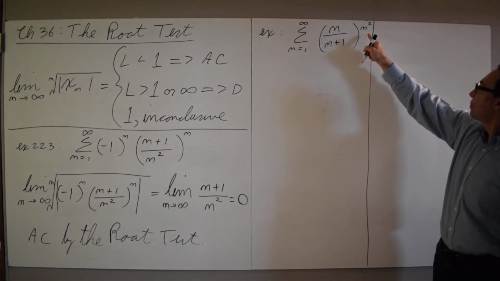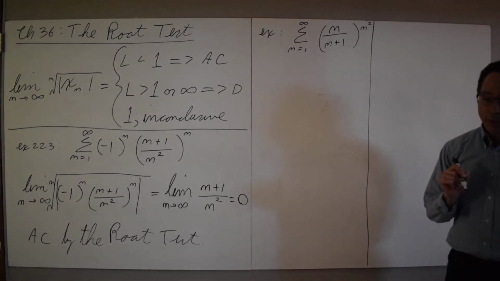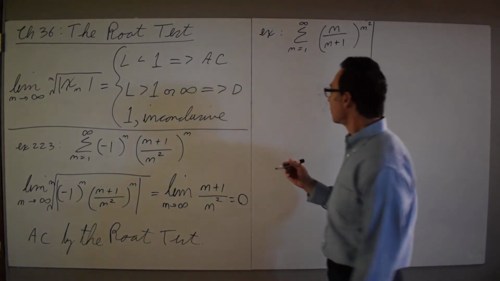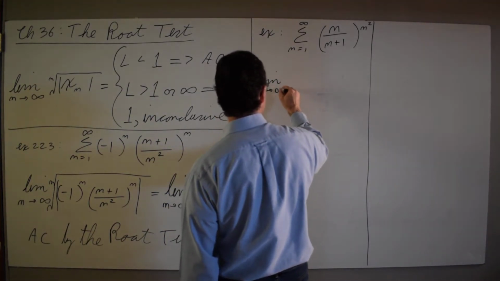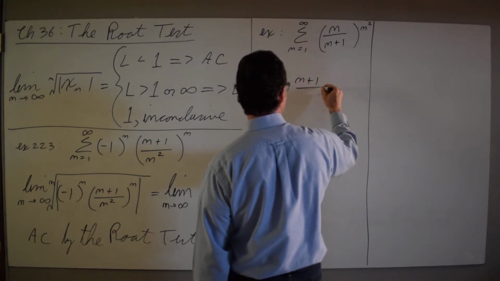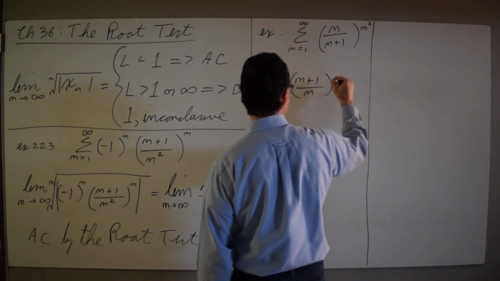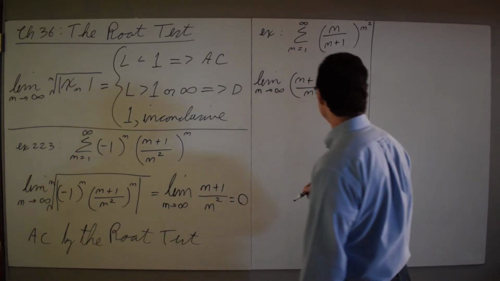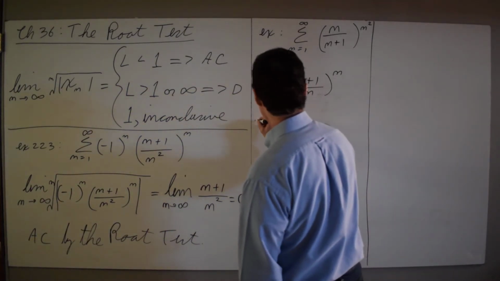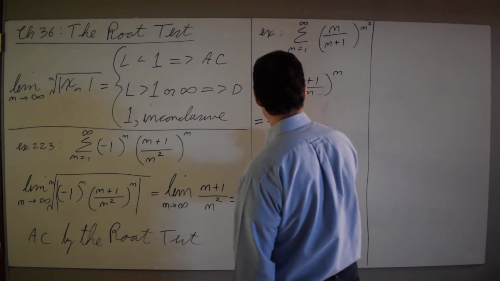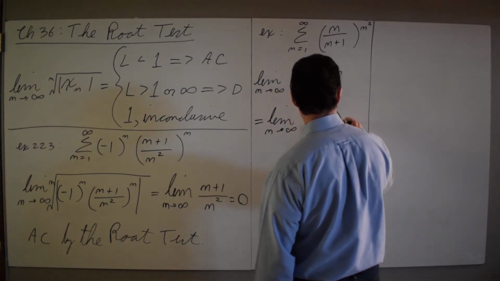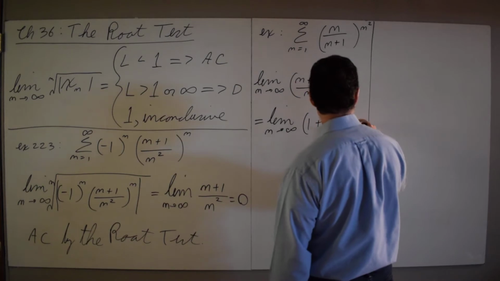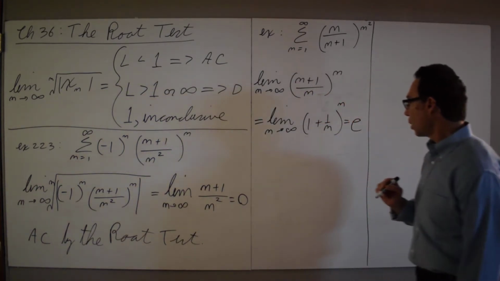Before we apply the root test, I want to remind you of something. The limit as n goes to infinity of n plus 1 over n to the nth power, more commonly written like this, is Euler's number.